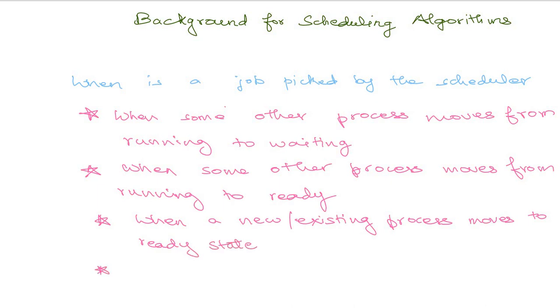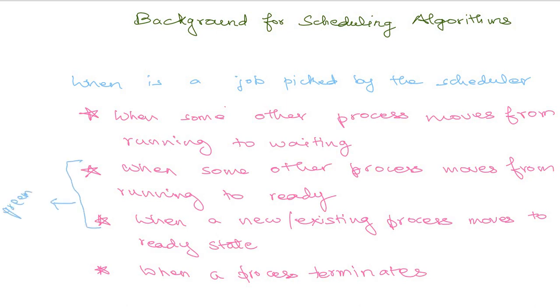And finally, the last one is quite obvious, that is when a process terminates. So these are the 4 cases in which a job gets picked by the scheduler, among which these 2 are preemptive ones.